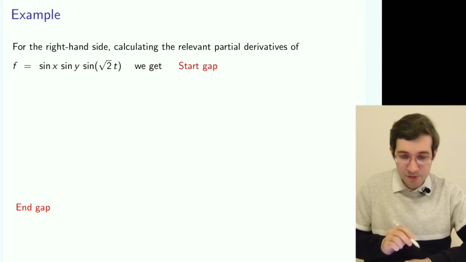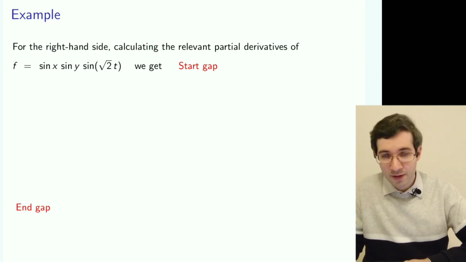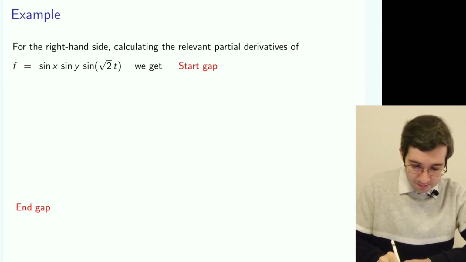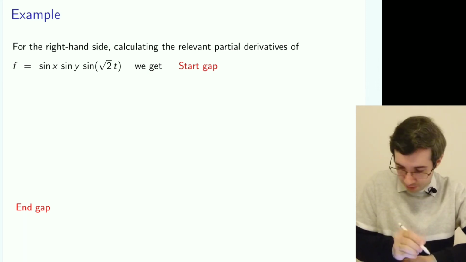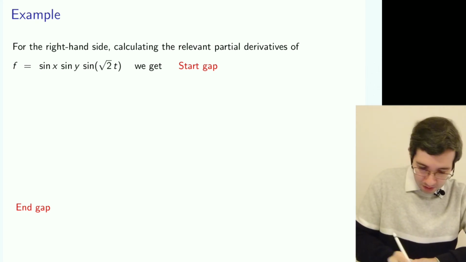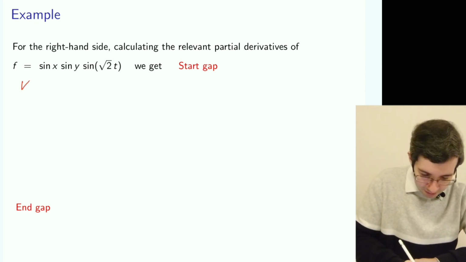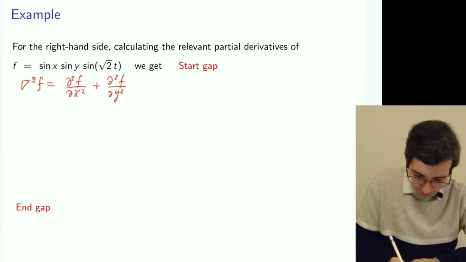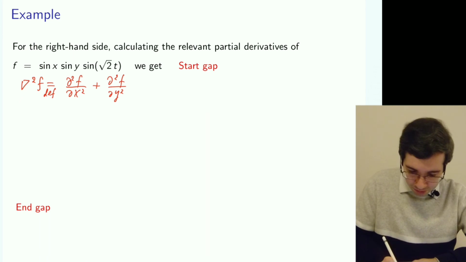And then we need to do the same with the right-hand side, with the derivative with respect to space. We just do it briefly here. We have our definition that the Laplace operator applied to f is a sum of two second-order partial derivatives. And this is just a definition. So all we do now is compute that partial derivative.